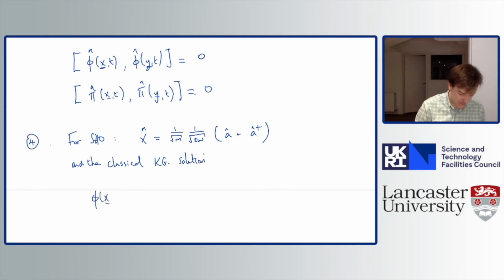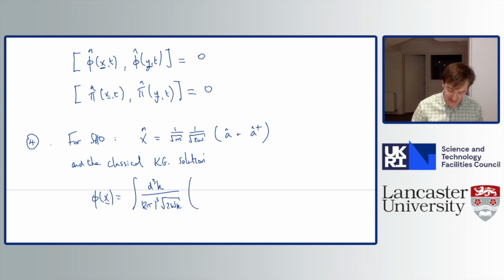It was phi of x. We had a d3k over (2 pi) cubed, and then I put in this factor of 1 over root 2 omega k. There's 2 omega k's appearing in both cases. And then we said that this is classical, remember? So these A numbers that I'm about to write, one of them is just a classical amplitude. I haven't put the time dependence in here.